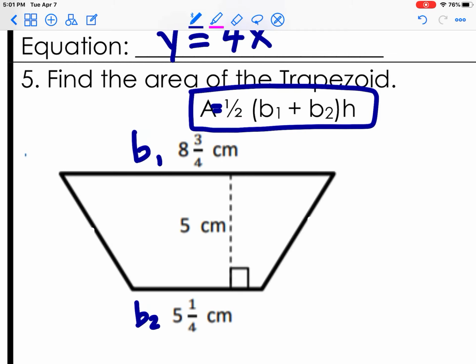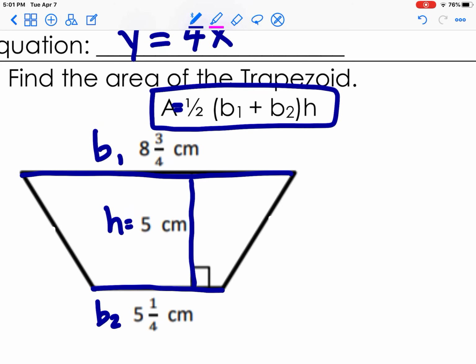It's the two things that are parallel to each other, not the slanted sides. And of course the height would be the distance between those two bases. So we plug those into this formula and we solve it using PEMDAS.